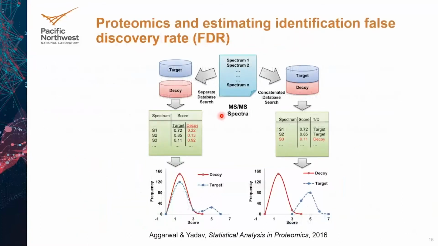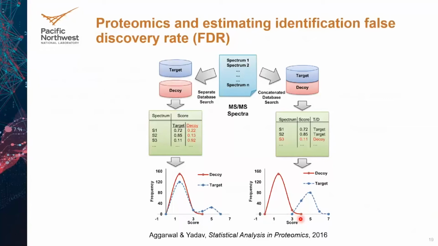There are also very good methods for assessing false discovery rate with proteomics. This isn't the original paper on the target decoy database approach, which was developed by Steve Gygi, but this is a nice cartoon to show you that if you give the search algorithms decoy data, and we create decoy data by sometimes reversing the protein sequences or scrambling the protein sequences that we're searching against to create essentially fake data, and then we look at the proportion of the data that matches to the target database versus the decoy database, you very often see these nice distributions, and you can draw essentially a line down through the score on the x-axis and cut off all of these false hits by this sliding scale of where you want your false discovery rate to be.